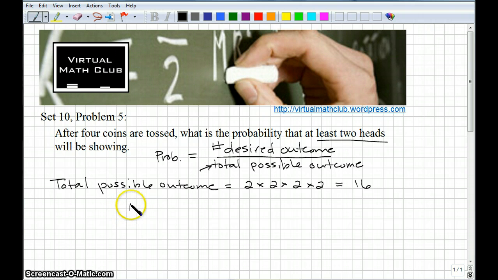So on the first coin, you could get a heads or a tails. And on the second coin, you could get a heads or a tails. So for the first 2 coins, we could have heads, heads, heads, tails, tails, heads, or tails, tails, right? So there's 4 possibilities so far.